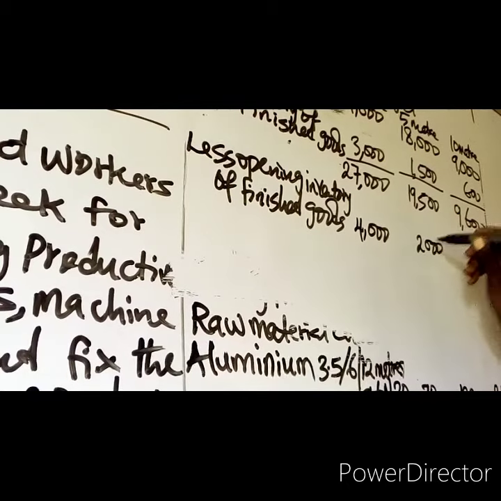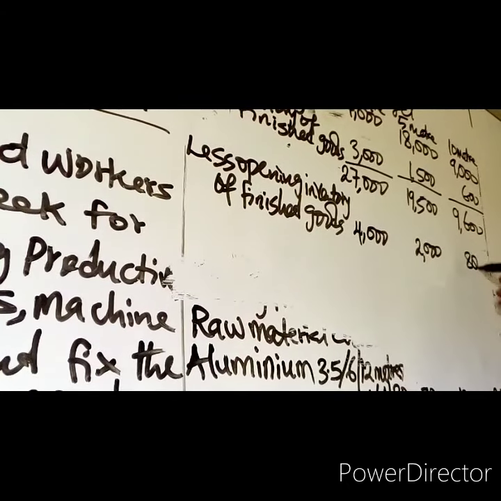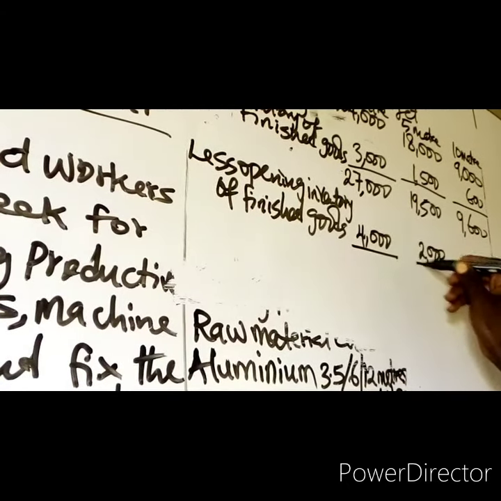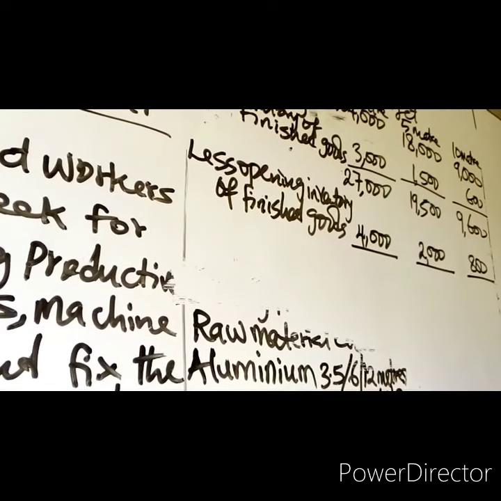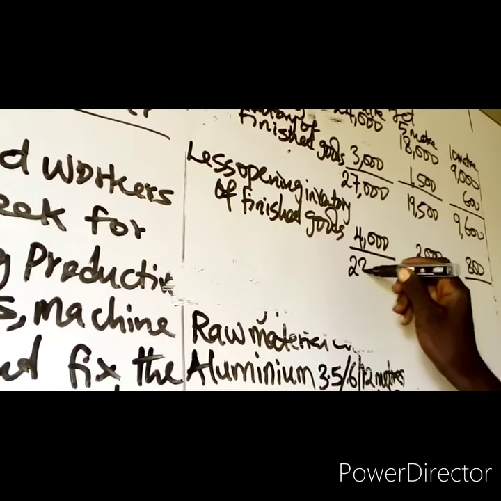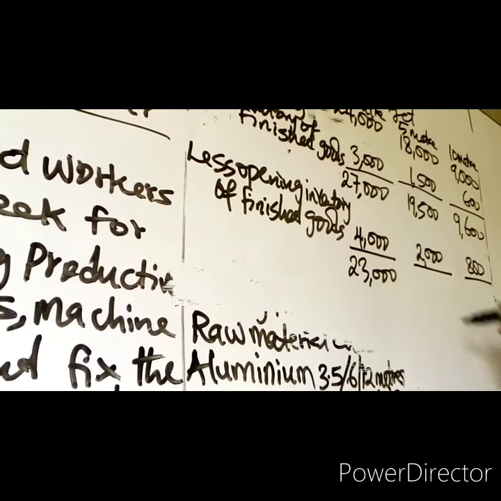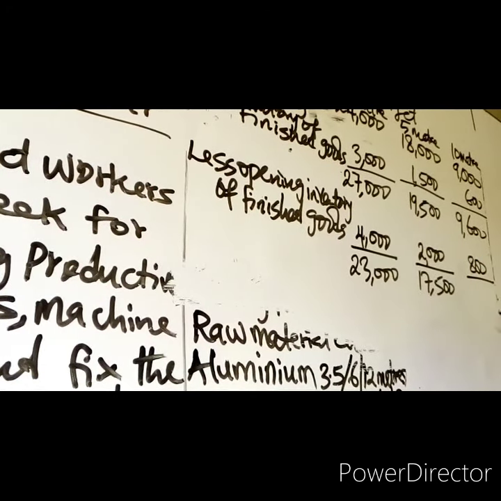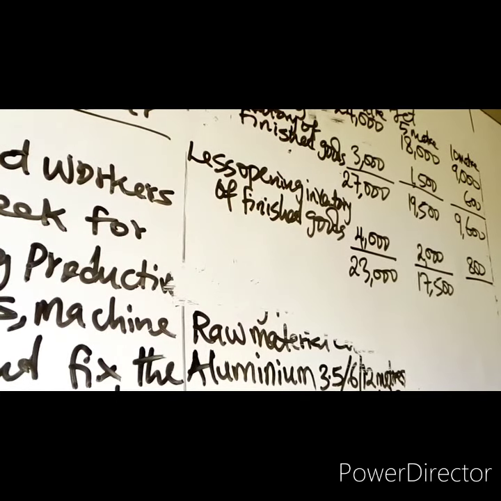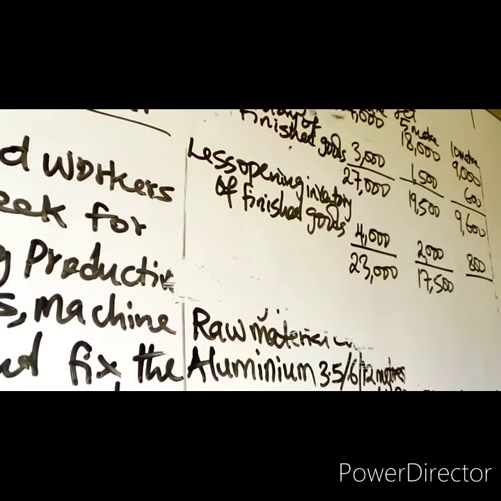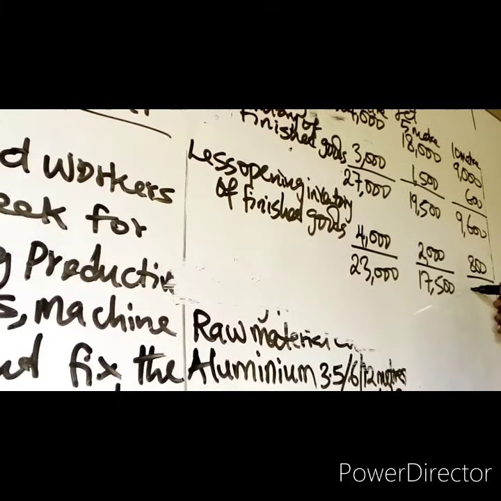When you less that, this will be 23,000, this will be 17,500, and this will be 9,600 minus 800, that will be 8,800.